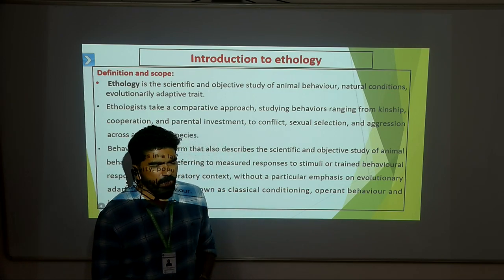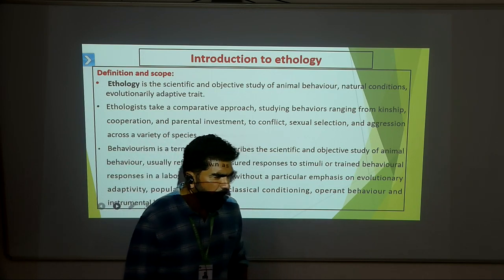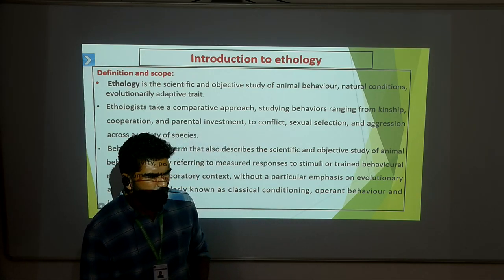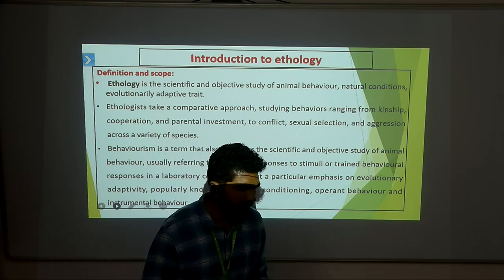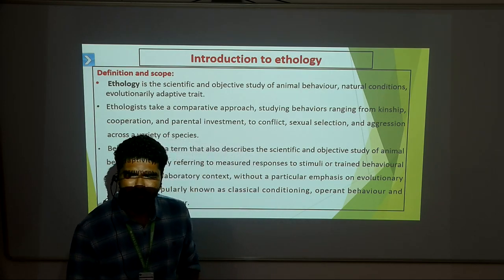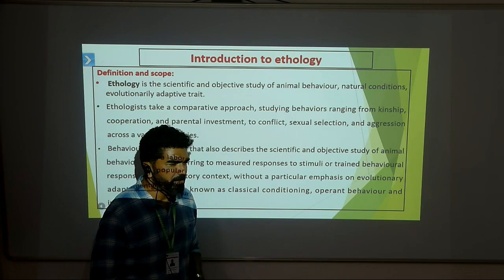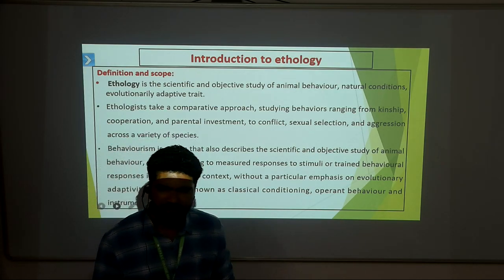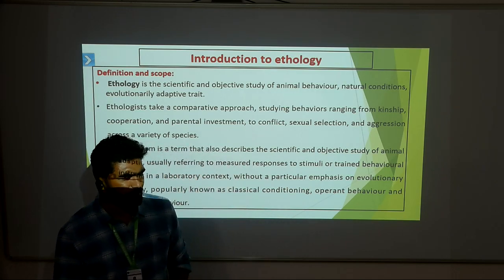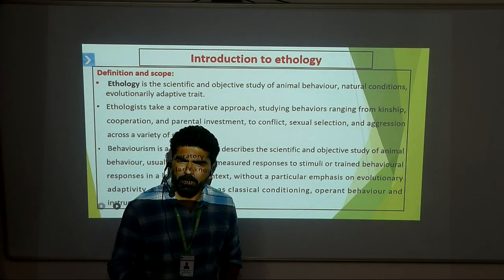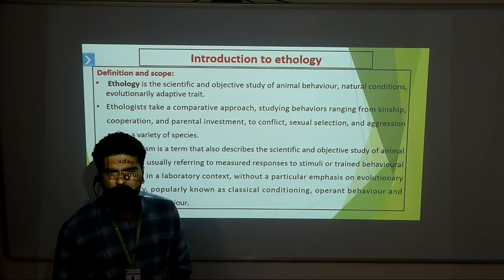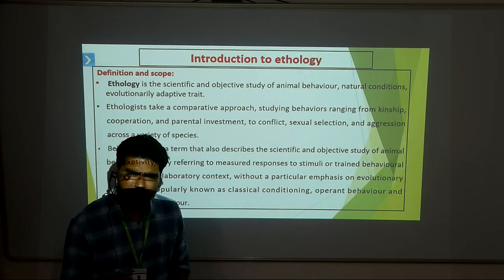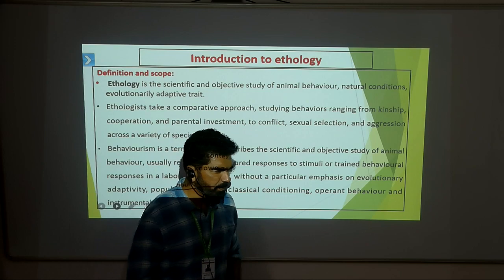Ethology takes a comparative approach, studying behavior ranging from kinship, courtship and parental investment to conflict, sexual selection and aggression. These are the various types of behavior we study in ethology.